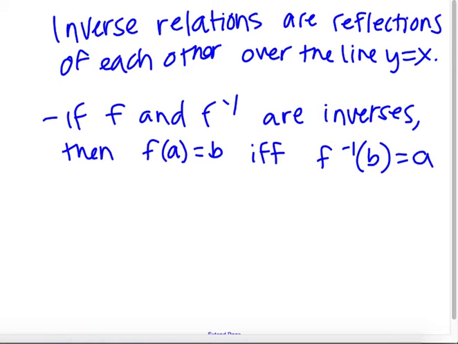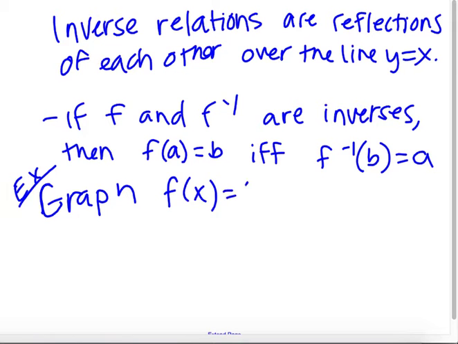If we go back to the example we just had, that was f and g again, I'm going to show the graphing. For this little example, I'm going to graph f of x, which was 6 minus 2x, and g of x, which is 6 minus x over 2, to see if they're inverses.